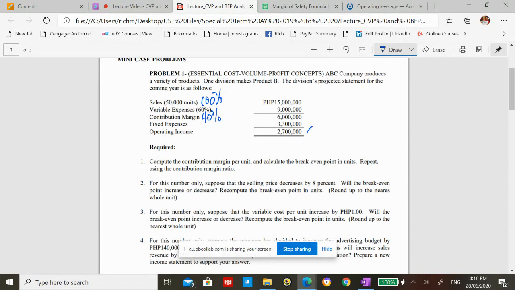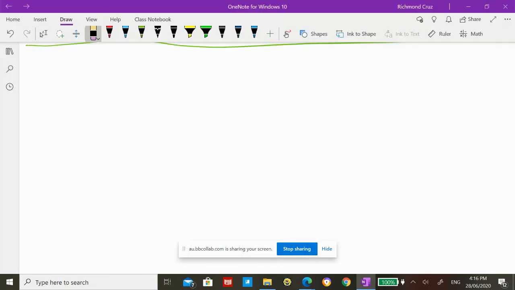The first requirement is to compute the contribution margin per unit and calculate the break-even point in units, and repeat using the contribution margin ratio. Remember, we have 3 methods to compute the break-even point.